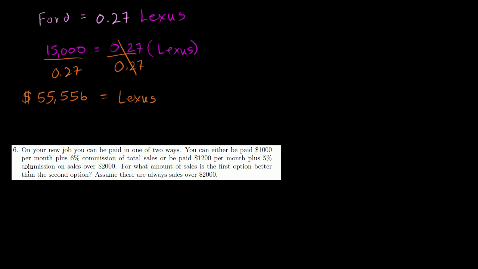Finally, number 6. On your new job, you can be paid in one of two ways. So let's say this is option 1, and let's write option 2 here. Let S be equal to total sales.